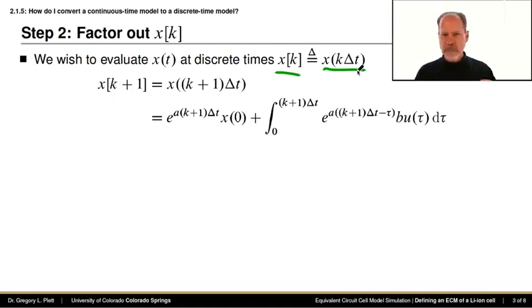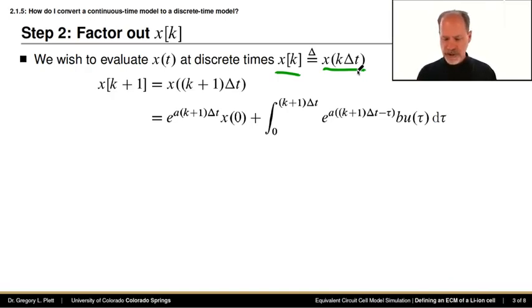So it's not simply that sometimes I choose square brackets and sometimes I choose parentheses. No, they actually do mean different things in this notation. When I use parentheses or the round brackets, that's referring to a continuous time point in real time. And when I use square brackets, I'm talking about a sample number. So k is 0 or 1 or 2 or 3, whereas t could be any real value whatsoever.